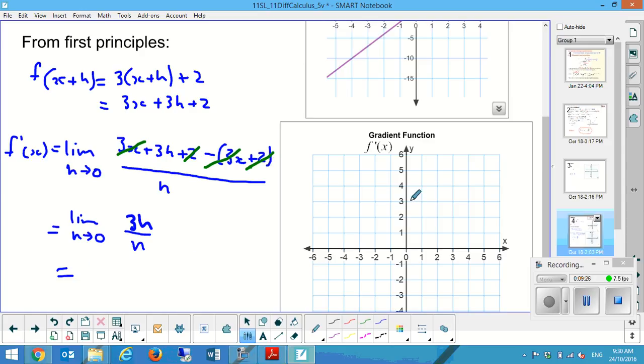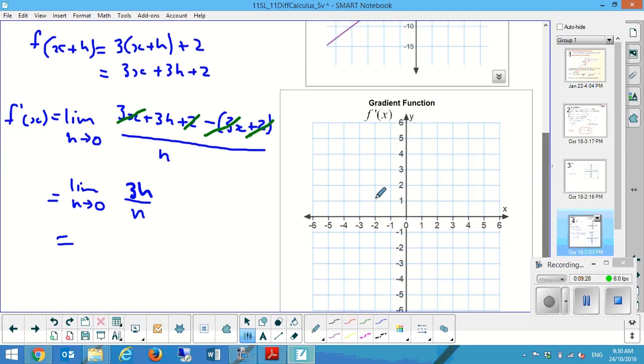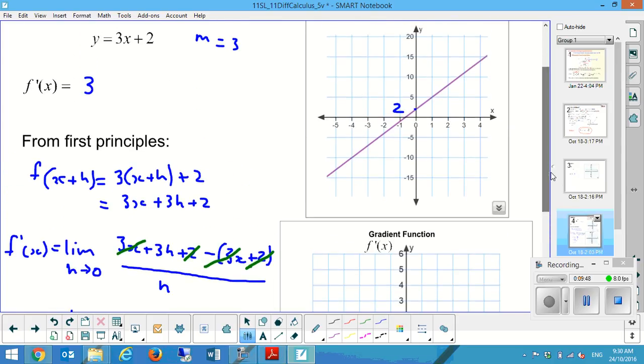We now see that the h's cancel, so we end up with our limit as h approaches 0 of 3. And because there's no h's in it, then that limit, no matter what h is, whether it's big or small, will be 3. And that was the same answer that we got before, just from knowing our y equals mx plus b.